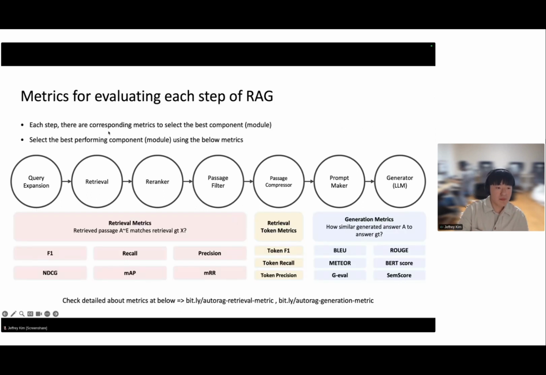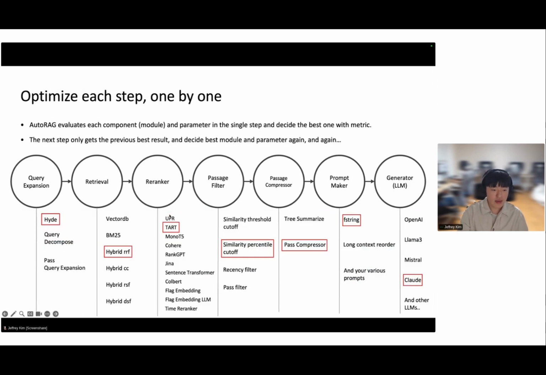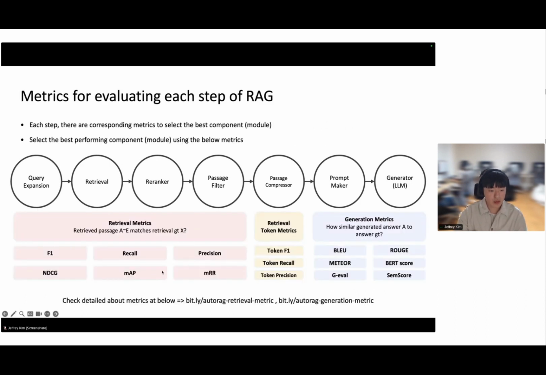So what are the metrics for each step? As you see, we use quantized metrics for picking the best module in each step. So from query expansion to the passage filter module, this is the retrieval evaluation step.